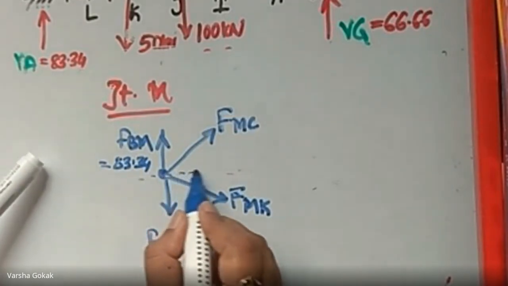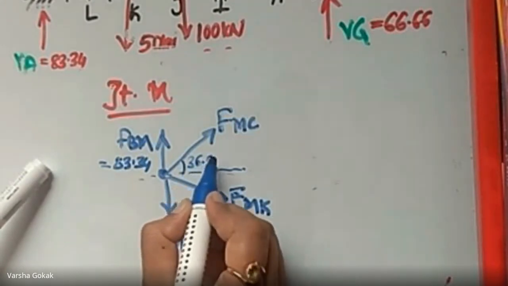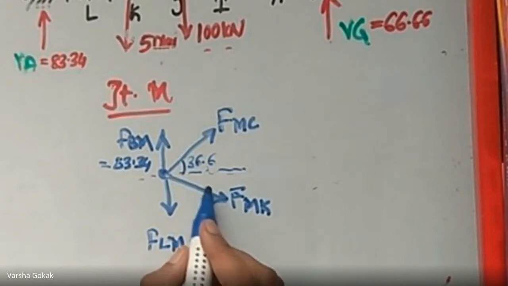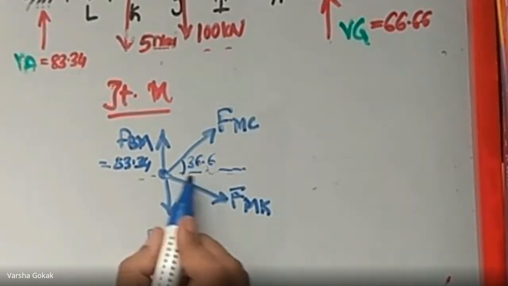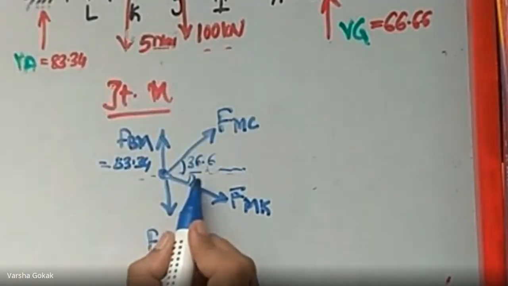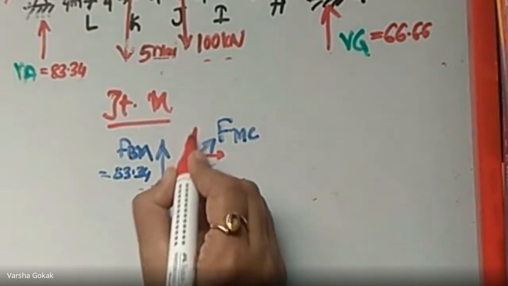Okay. I'll draw horizontal. This angle we have found 36.6. Correct. And interior is what? This angle is also how much? Tan inverse opposite by adjacent, 3 by 4. This is also 36.6 only, internal angle. So now we have to solve for this particular joint. So start with summation f of x, resolve.